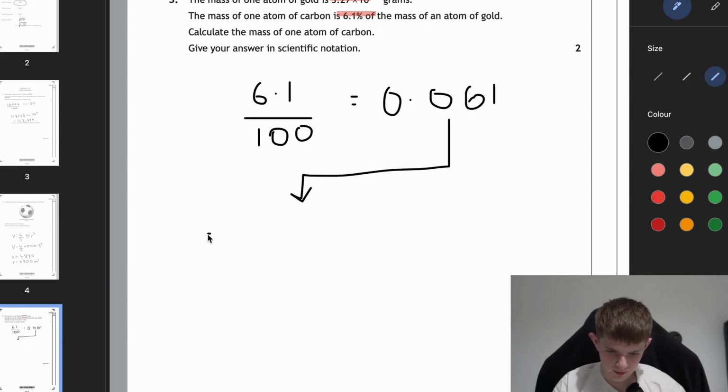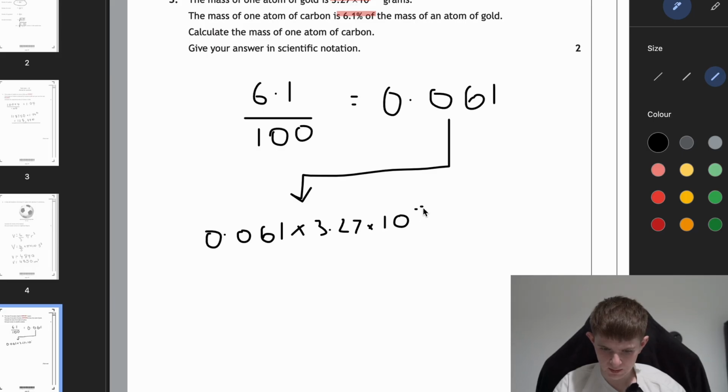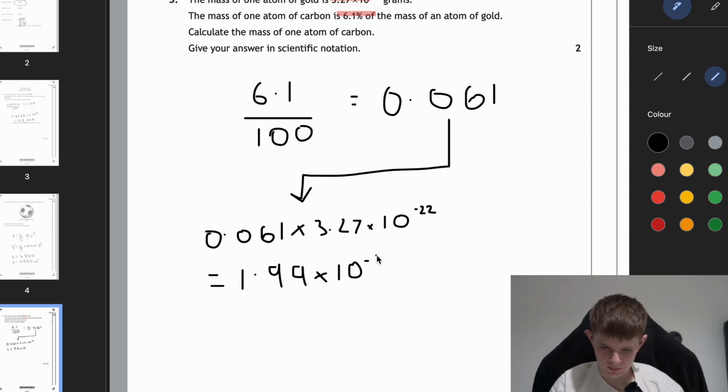So 0.061 times by 3.27 times 10 to negative 22. Stick that in a calculator, and that ended up getting me 1.99 times 10 to the power of negative 23. Easy days, and that's you done. 2 marks. Question number 4.